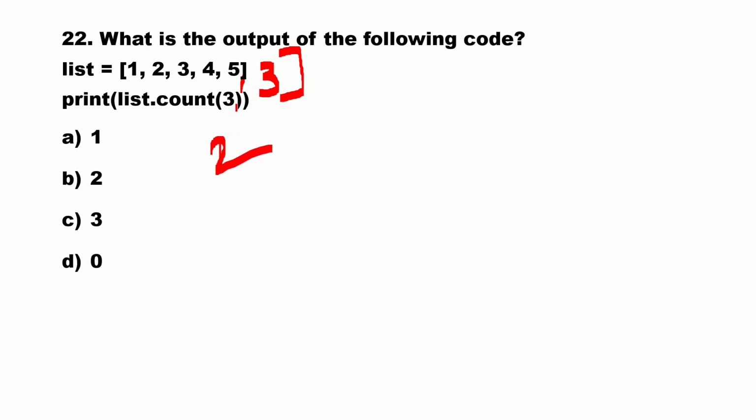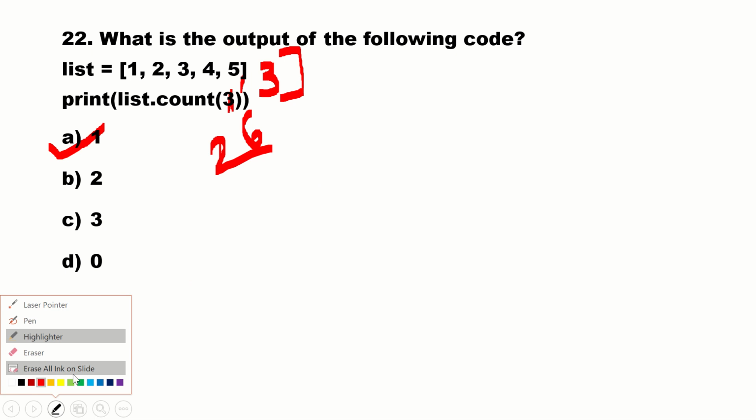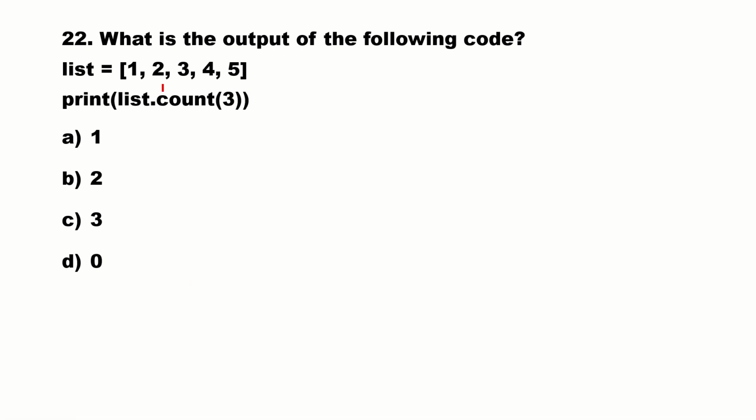And one more thing, if you are given some other value like 6, is 6 in the list? No, 6 is not in the list. In such cases it will return 0. So here the correct option is 1, because 3 is mentioned only one time in that list. So the correct option is option A.